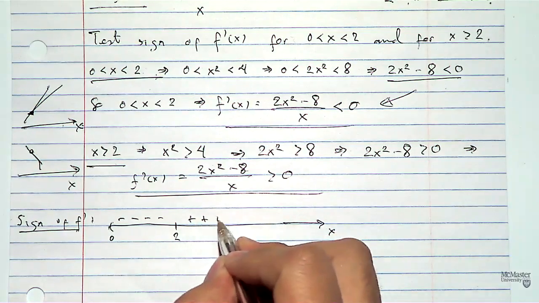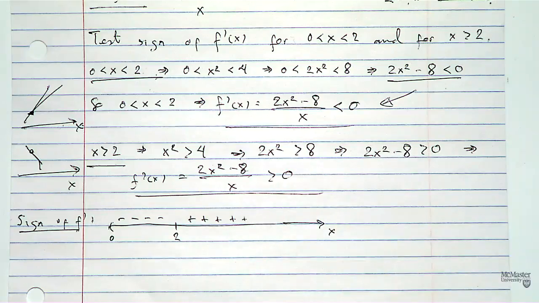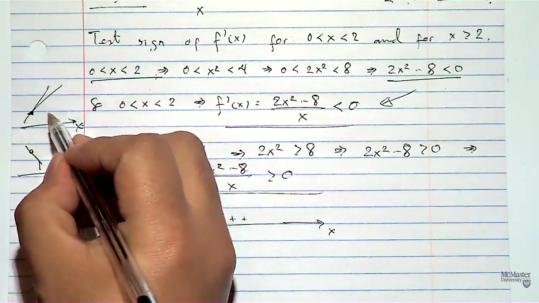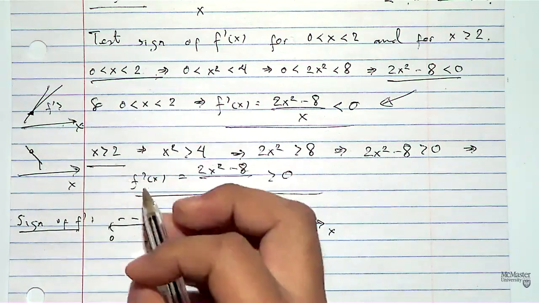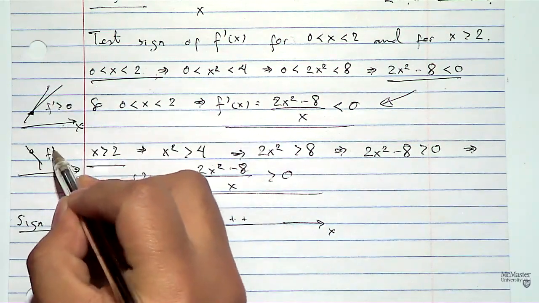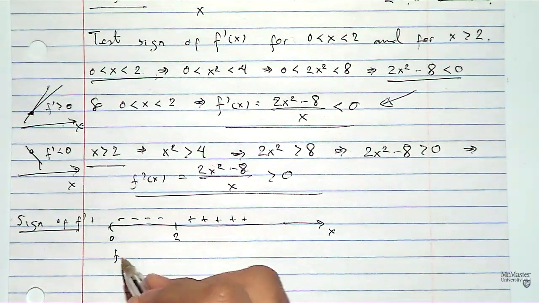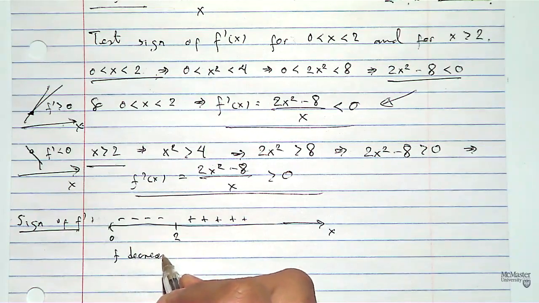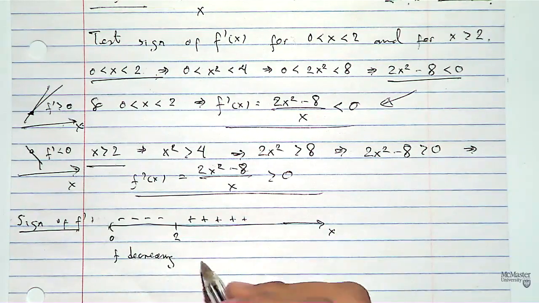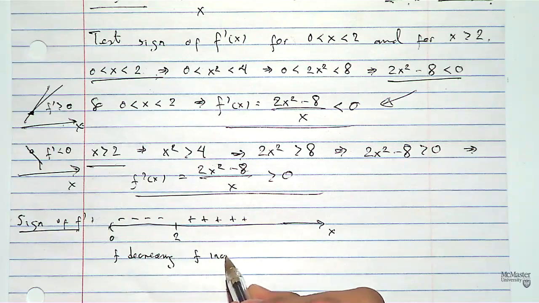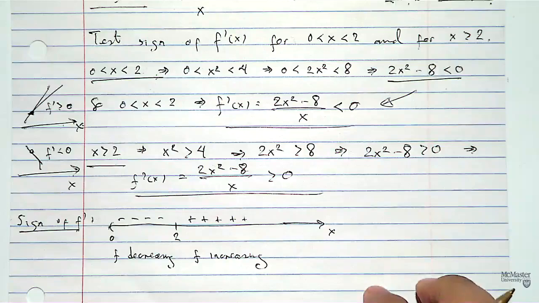So again, that means, by this geometrical argumentation, that this is a case f prime greater than 0, this is a case f prime less than 0. So in this case, you have that the function f is decreasing, and for this region, you have that f is increasing, right?